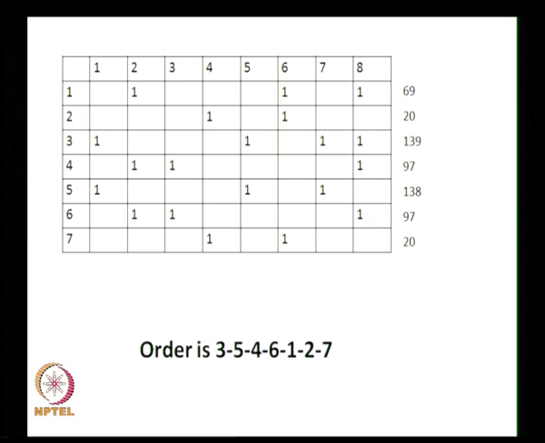Each row has 8 elements representing the 8 positions corresponding to the 8 columns. For example, row 1 can be seen as 0 1 0 0 0 1 0 1.